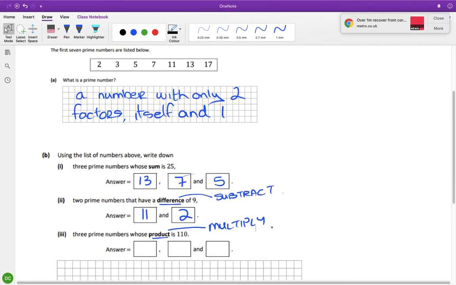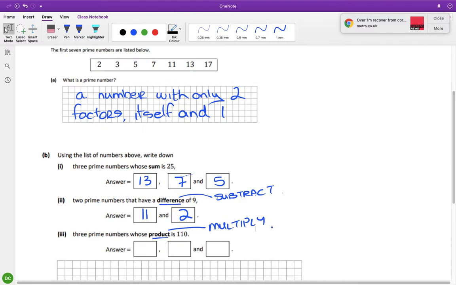It's too big. I'm just playing around here with the numbers. 13 and 3 is 39. No, 3 times 2 is 26. No. And what about 17? 17 times 3 is 51.